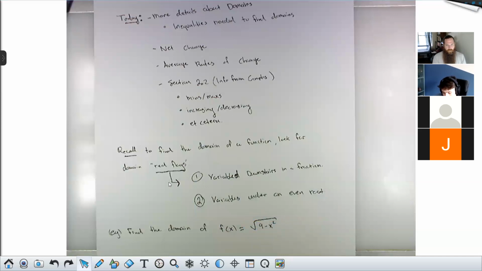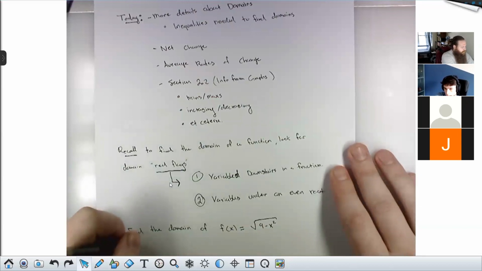So that is a red flag. The thing to do is to ensure the stuff under the radical is positive, or not negative. 0 is okay, but negative under a square root is not okay, right? That would give me a non-real complex number.